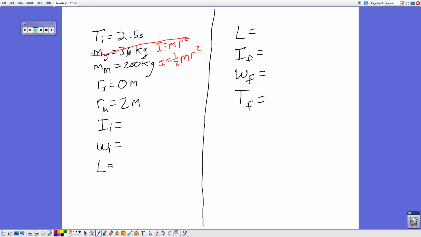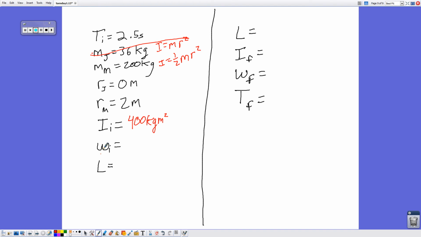I don't care. But there is a moment of inertia because of the disk. So the disk is going to be 200 times 2 squared, which gives me 4, divided by 2. So I'm just going to say 200 times 2, which gives me 400. 400 what? Okay, well, let me look. Kilogram meter squared.